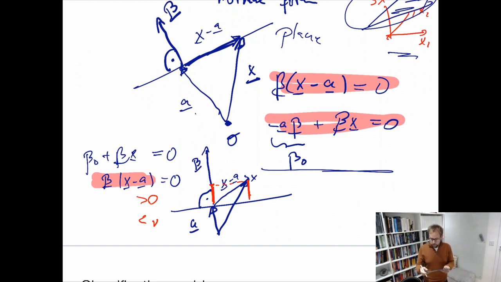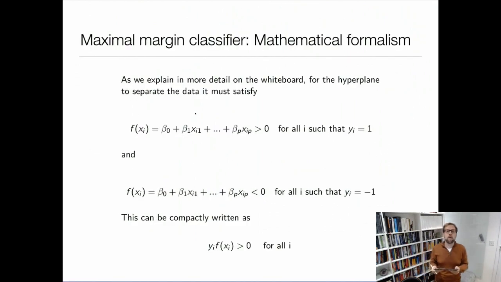And this is what I'm saying here in those equations. If I have this relationship where this is positive, then I'm on one side of the plane. If it is negative, then it's on the other side of the plane. My classifier just says that on one side all the labels should be of one kind, and on the other side all the labels should be of another type.